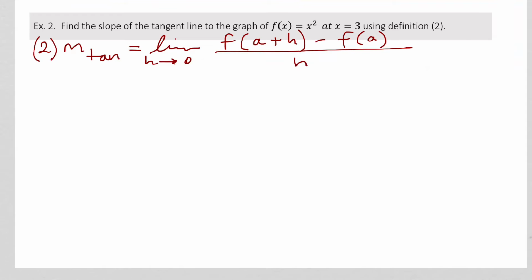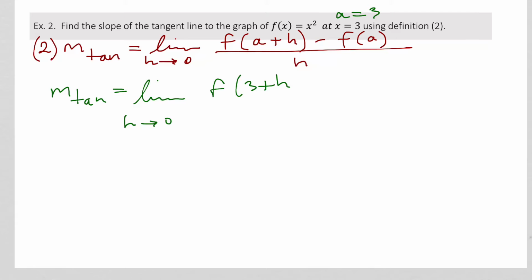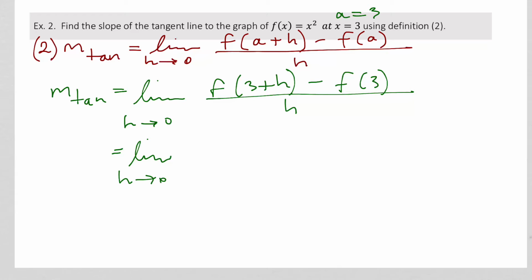The slope of the tangent line, doing some substitution here, is equal to the limit as h approaches 0 of f of 3 plus h, so this is your a, minus f of 3 divided by h.